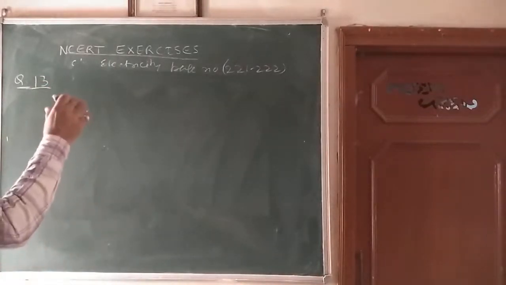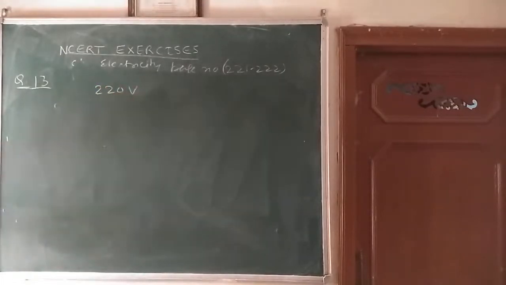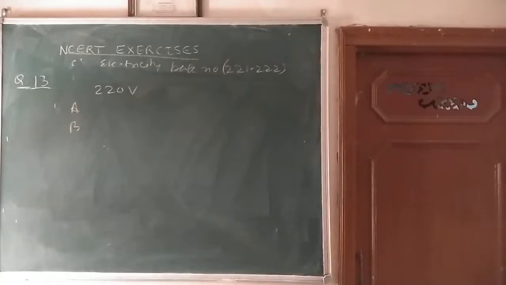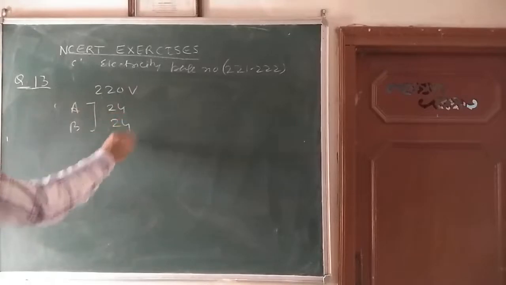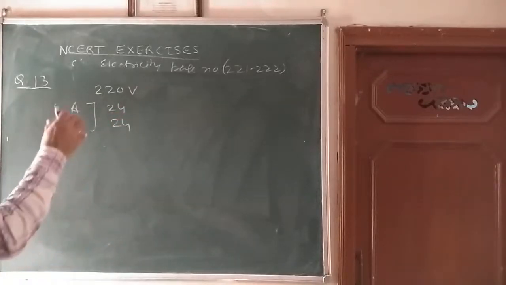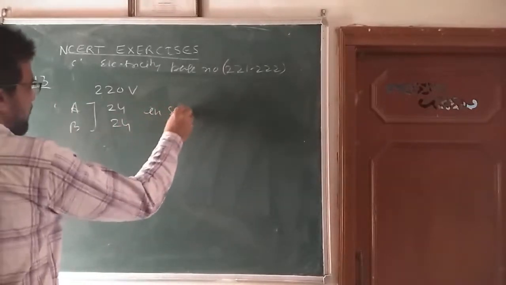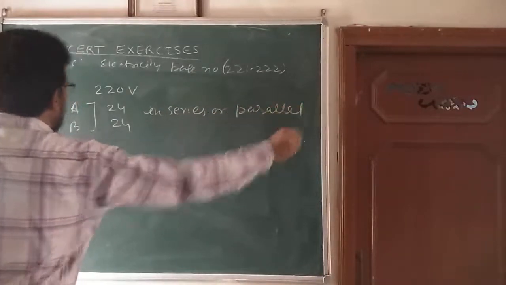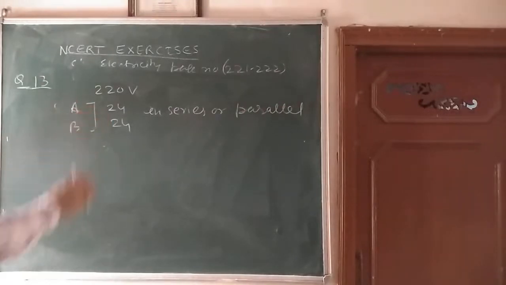A hot plate of an electric oven connected to a 220 volt line has two resistance coils A and B, each of 24 ohm resistance, which may be used separately, in series or in parallel. What are the currents in the three cases?